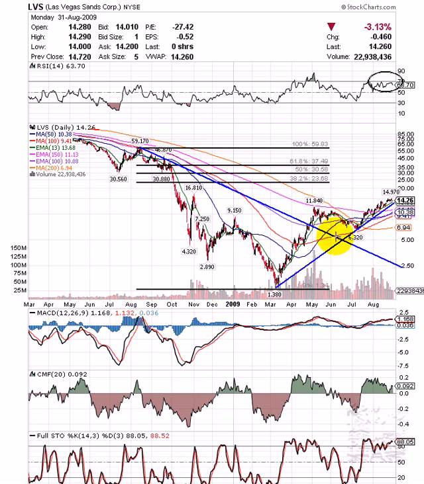Now you notice the cross trend right here that we often talk about is almost exactly at 6.94, which is the 200-day moving average for Las Vegas Sands.